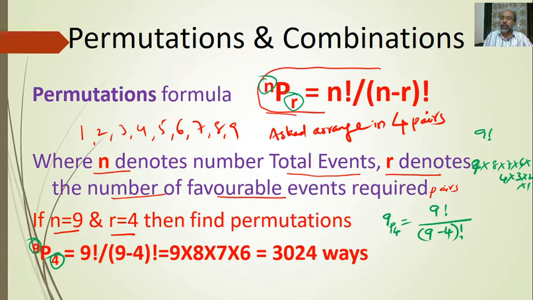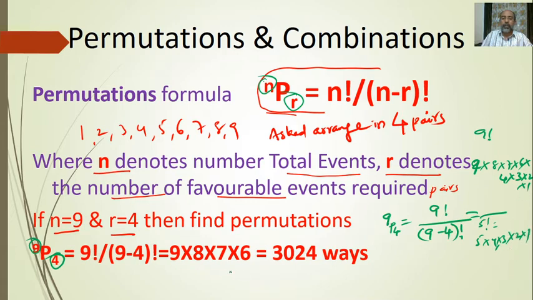So we write in reverse order, multiplying all the natural numbers until 1. Then 9 minus 4 means 5. 5 factorial means 5 into 4 into 3 into 2 into 1.